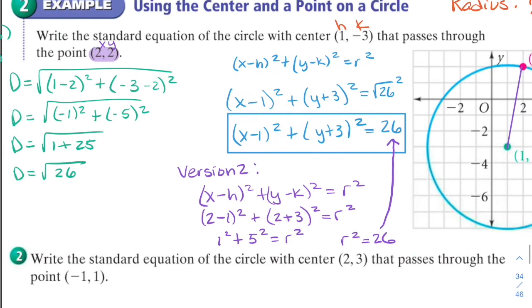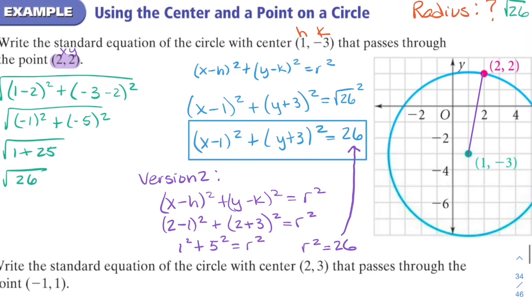So these are two different ways to solve this same problem, using either the distance formula or version 2, using the actual equation of your circle to solve for r squared. And once you have r squared, you're good to go. The radius would be just the square root of that. It might save some time, but it's another way for you to check.